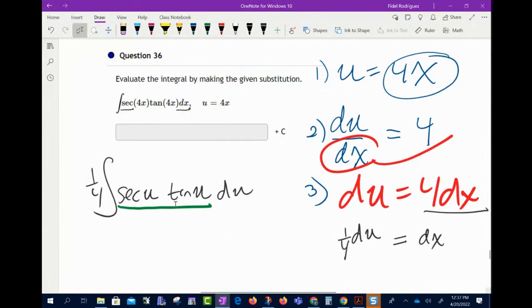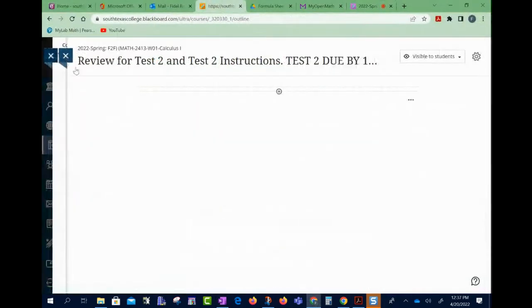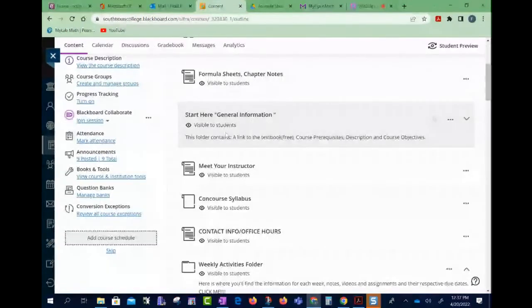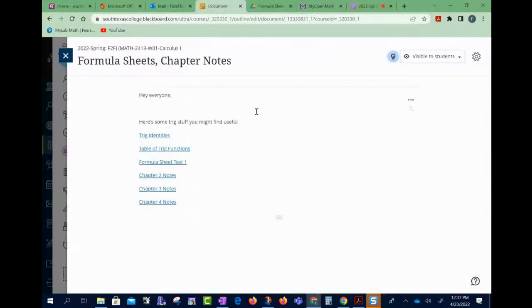If you were uncertain, how do I find the antiderivative? What I would do, y'all, is come back over here, and I said I'm going to drop it in here today. I just haven't done it yet. I'm going to come over here to my formula sheet for test one, and I'm going to explain why.